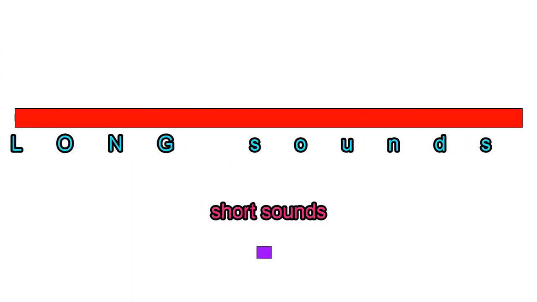In music, we might have very, very short sounds. And what we have in music are symbols to represent those long and those short sounds. And we're going to look at some of those symbols today.